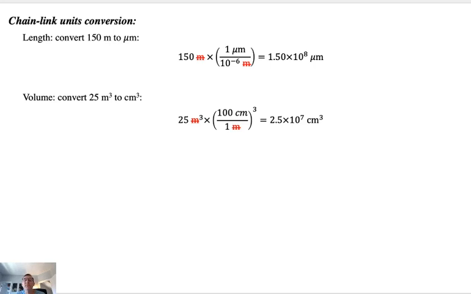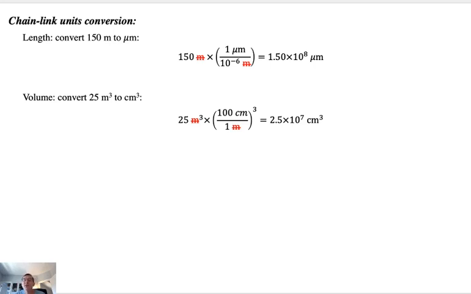Well, we have 150 meters. We're going to multiply, this is where the chain link comes in, by a link in the chain, because you could have multiple links if you needed to, where the quantity in the parentheses, this link in the chain, is equivalent to unity, to 1. And so I'm multiplying this number 150 by 1, so technically I haven't changed it. But this number 1 looks a bit odd.